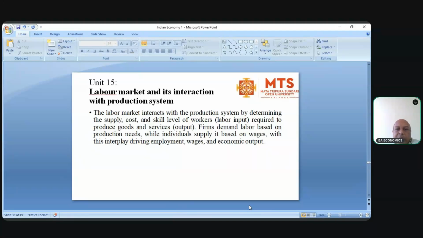Next, unit 15, and basically unit 15 discusses the labor market and its interaction with the production system. So a labor market basically exists in every economy. In some economies, the labor market is bigger, and in some economies, the labor market is smaller.